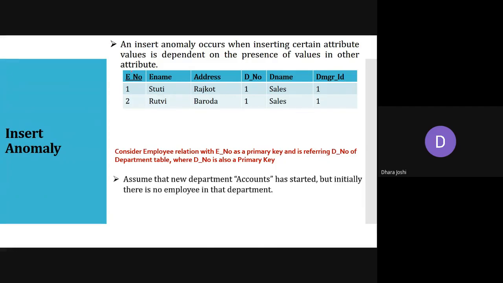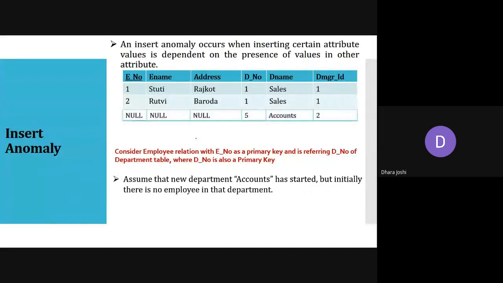Assume that now a new department, accounts, has been started. We are having just one table for this employee, and previously we were having the sales department. And now in this company or organization, a new department named accounts has started. But initially, since the accounts department was not available previously, there is no employee available in the department.